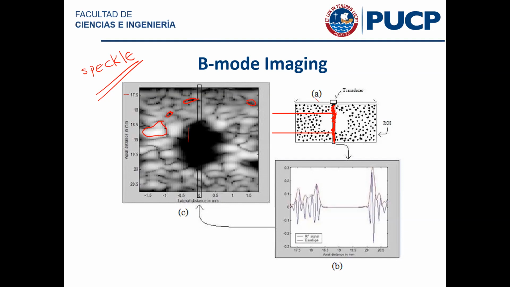Yes, teacher. My question is, if the microstructure deviates the direction of the sounds, it would mean that it won't ever return to the transducer. So we would have like black spots. Sorry, something about changing the direction of ultrasound.